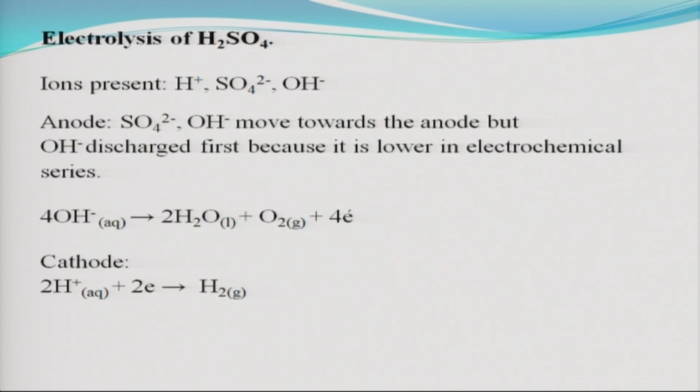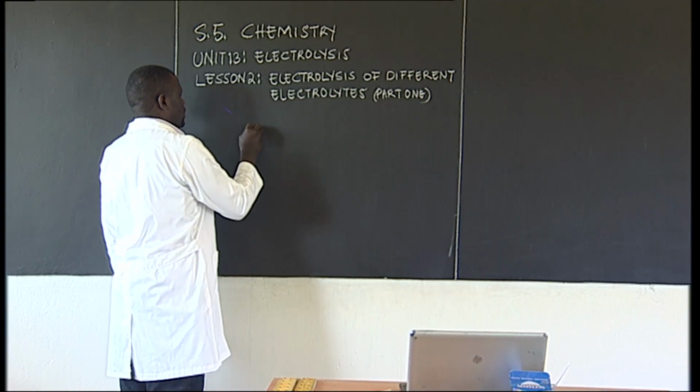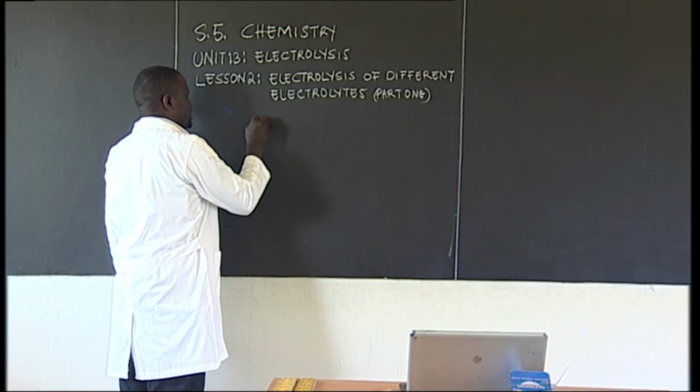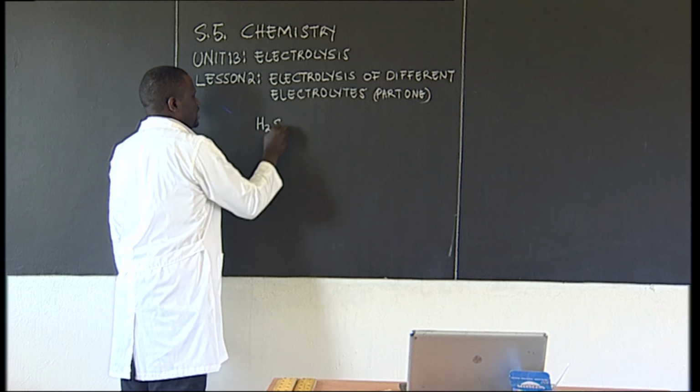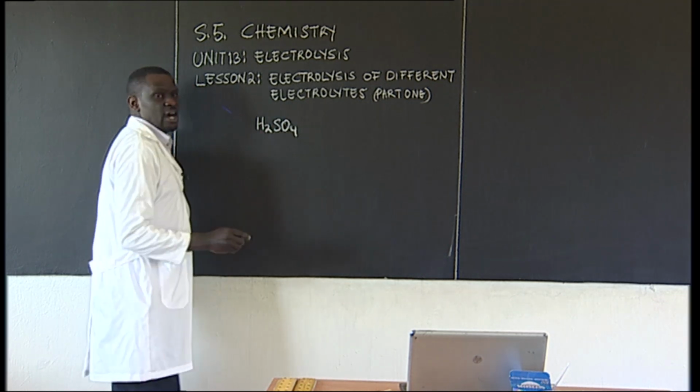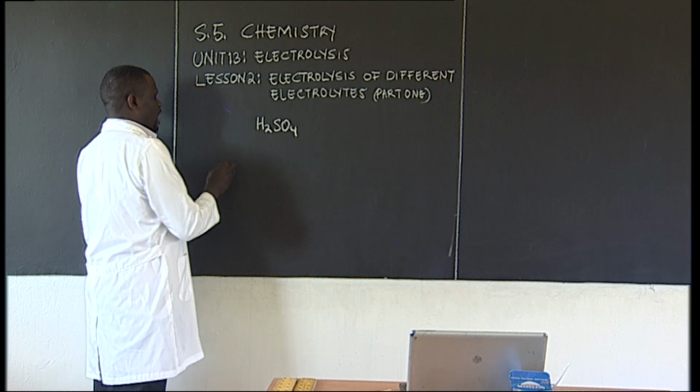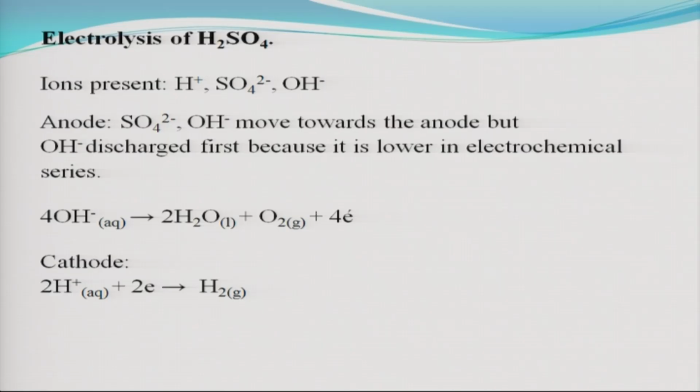As we continue, we are going to talk about the electrolysis of sulfuric acid. In sulfuric acid, we have ions present. If it is dilute, or aqueous, obviously we shall have water inside.